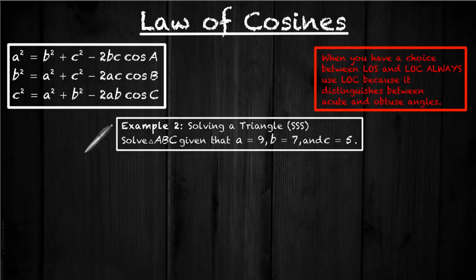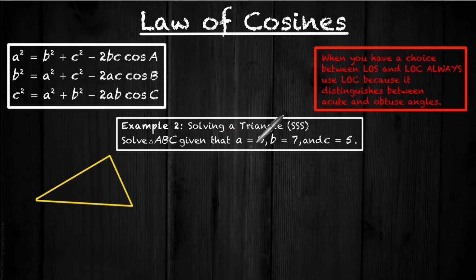All right, in this next example, we have a side-side-side triangle. So we have no angles. So that means we need to find 2 of the angles and then subtract those from 180 to get the third angle. So we'll draw this triangle out here. And let's label it.